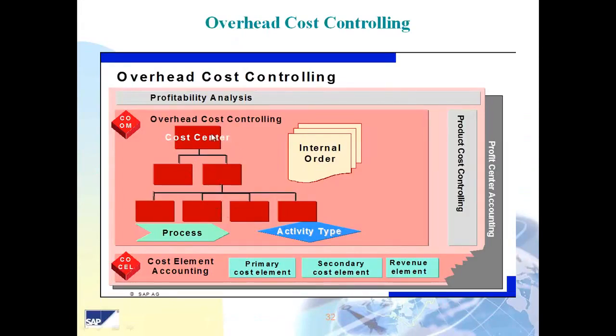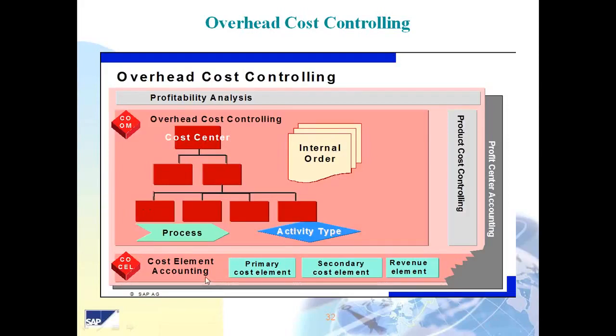This is the highest level of hierarchy within the cost center system, and we can maintain the groups within the hierarchy. And the last node is going to be a cost center. So we have to maintain the process or activity types with reference to the cost centers.